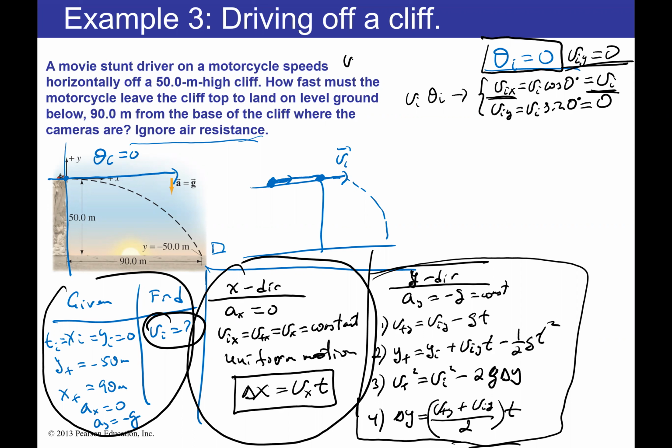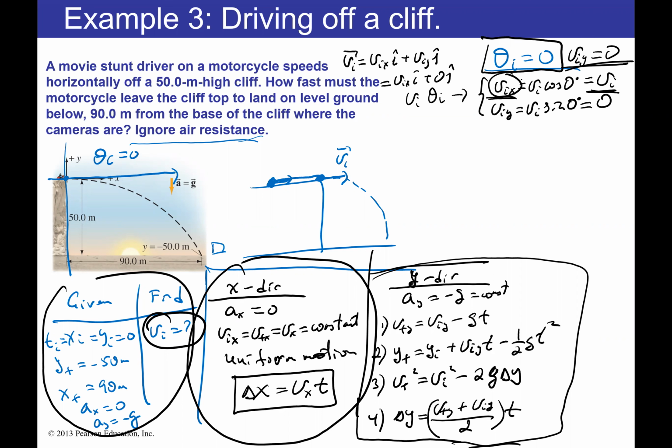Because initial velocity as a vector is equal to vi x i hat plus vi y j hat. But then this is just vi x i hat plus 0 j hat. It means there is no vertical velocity in the y direction, and vi is equal to the x component of the vi. So I need to find this.